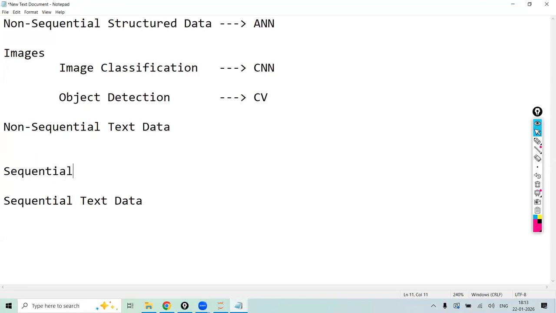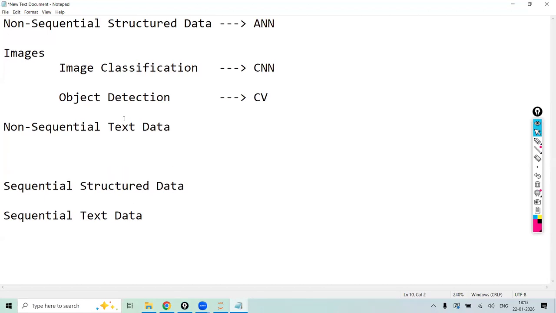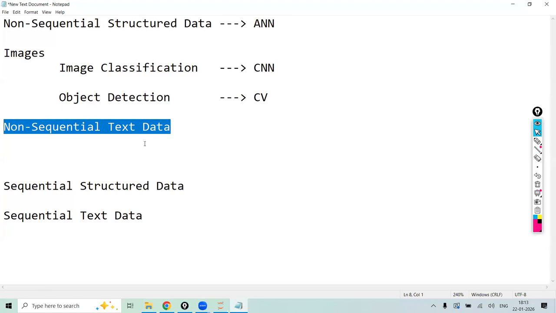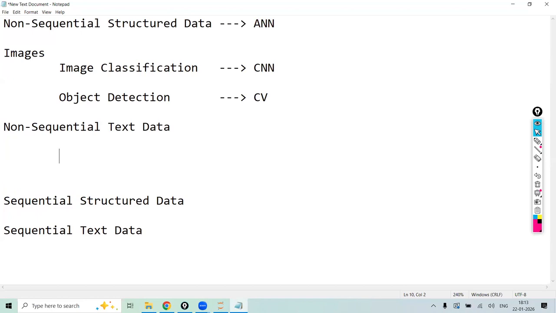We are going to cover these one by one. First, in the next 2 days, I will cover the non-sequential text data. Today and tomorrow we will try to complete it, and if it extends slightly, a third day.